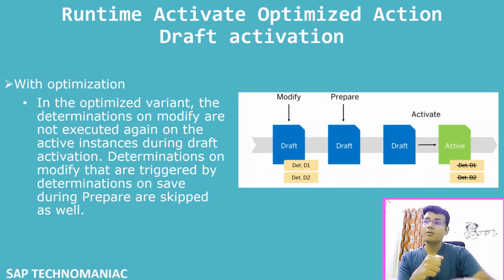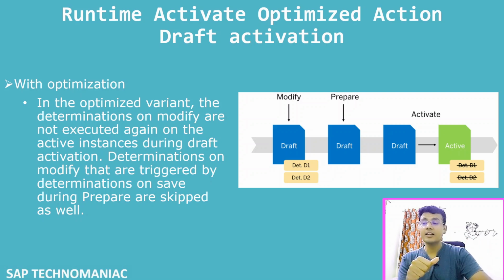But when you use activate action with optimization, it will not call them, because we already called them during the draft instance. Why should we call those determinations again during the active instance when we are modifying the active instance? So this is how the activate action works with the determination which is called during the modify.